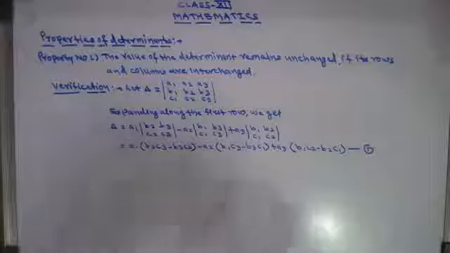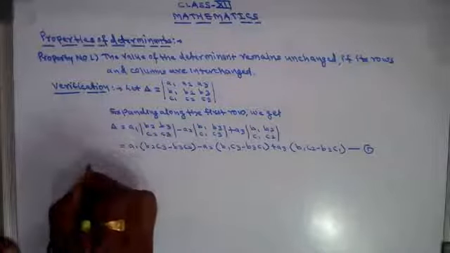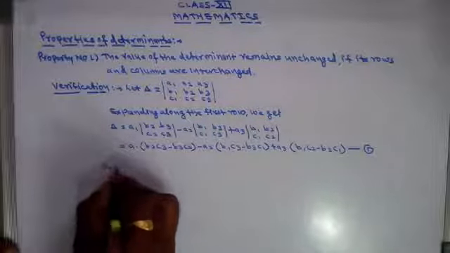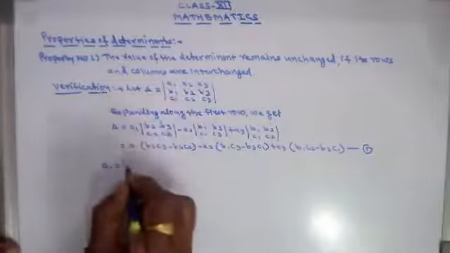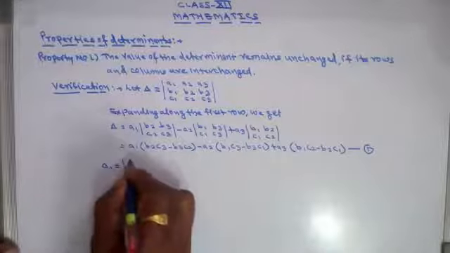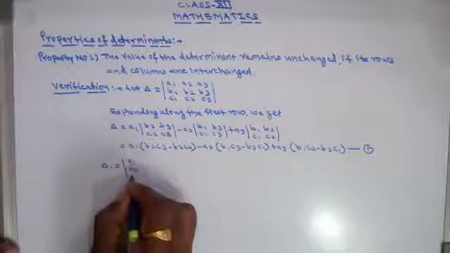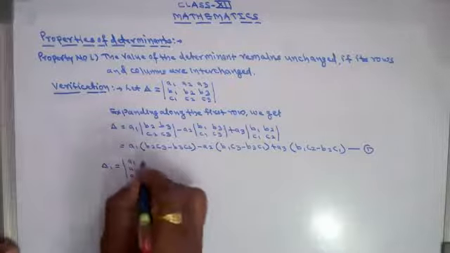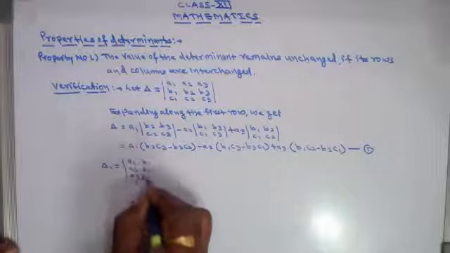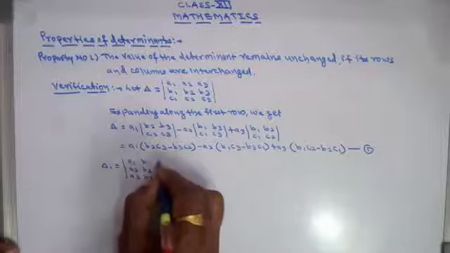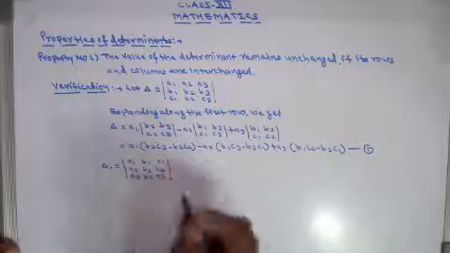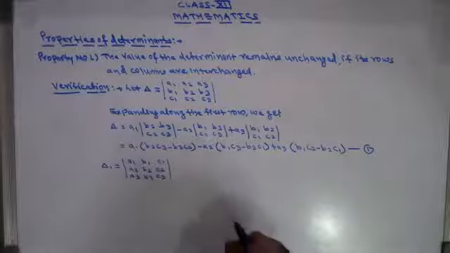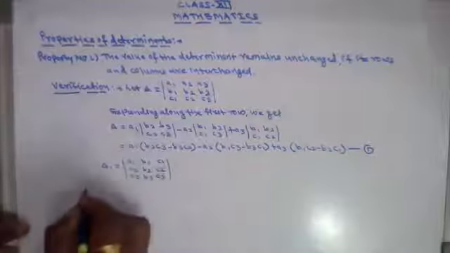Now interchange the rows and columns. So let delta 1 equal to, now take the first row as the first column: A1, A2, A3, B1, B2, B3, C1, C2, C3. Now I am expanding this determinant along the first column.